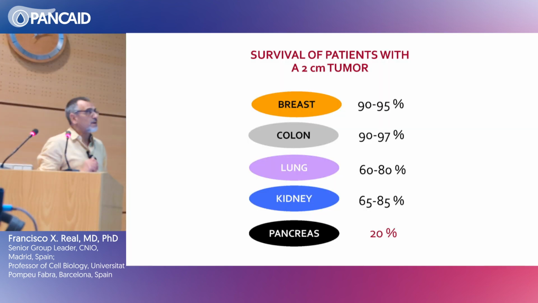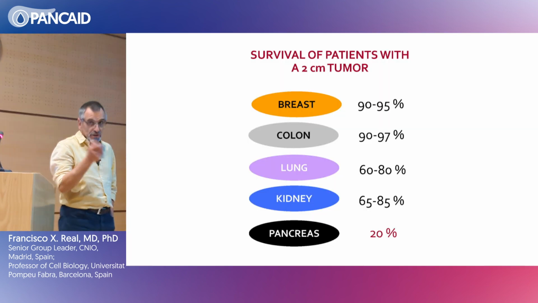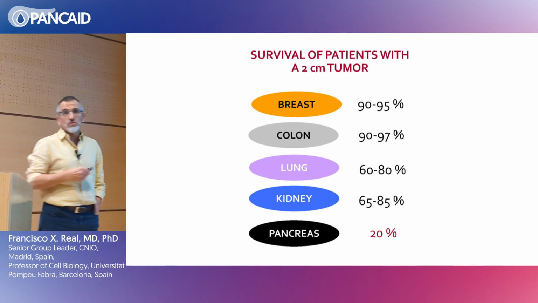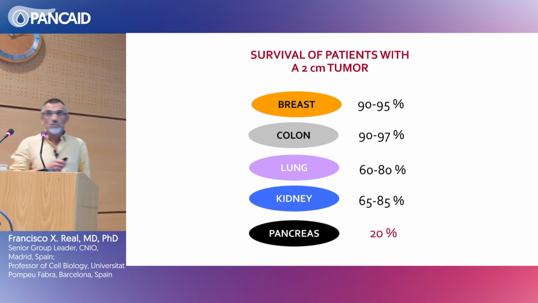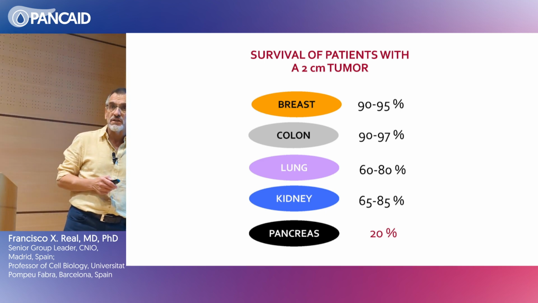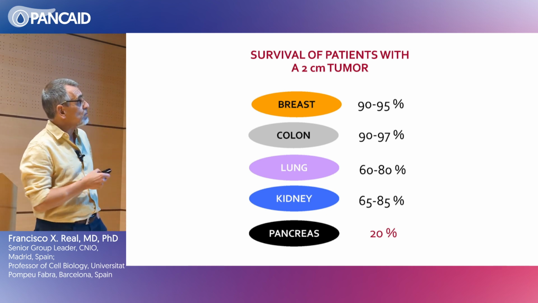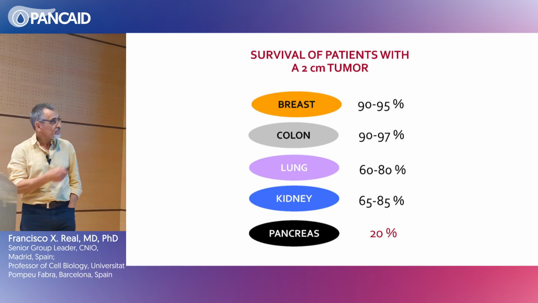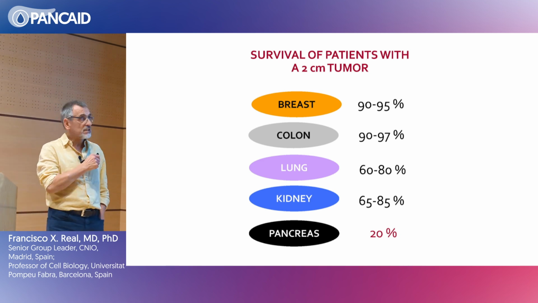So what's the scenario? You know about this, but the numbers are inspiring. If you diagnose a 2-centimeter tumor in a patient with breast or colon cancer, 5-year survival is 90 to 95%. If you diagnose a 2-centimeter tumor in a patient with lung or kidney cancer, two typically bad tumors, 5-year survival is 60 to 80%.